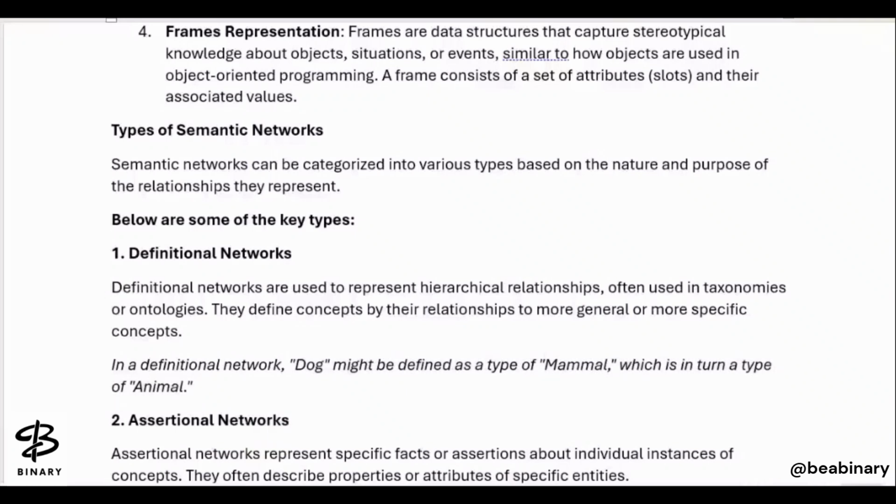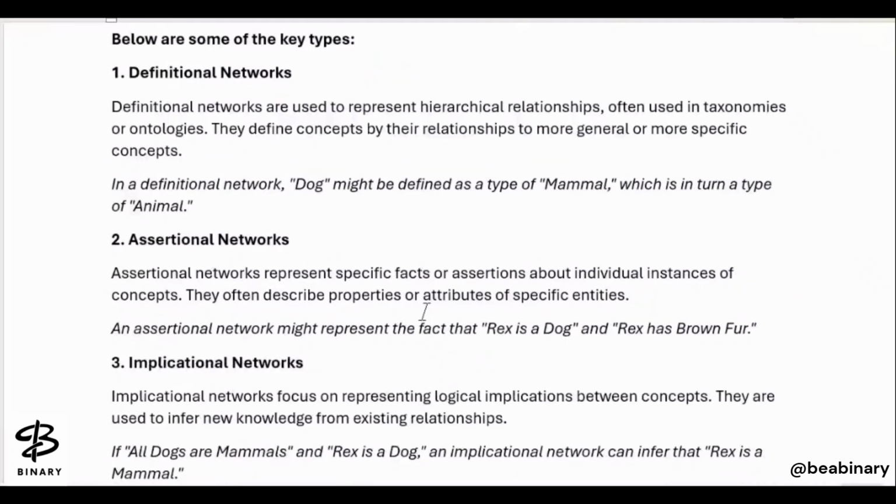Now the assertional networks. What do you understand by assertional networks? They represent specific facts or assertions about individual instances of concepts. They often describe the properties or attributes of a specific entity. We are talking about specific attributes, specific individual assertions, or specific facts.